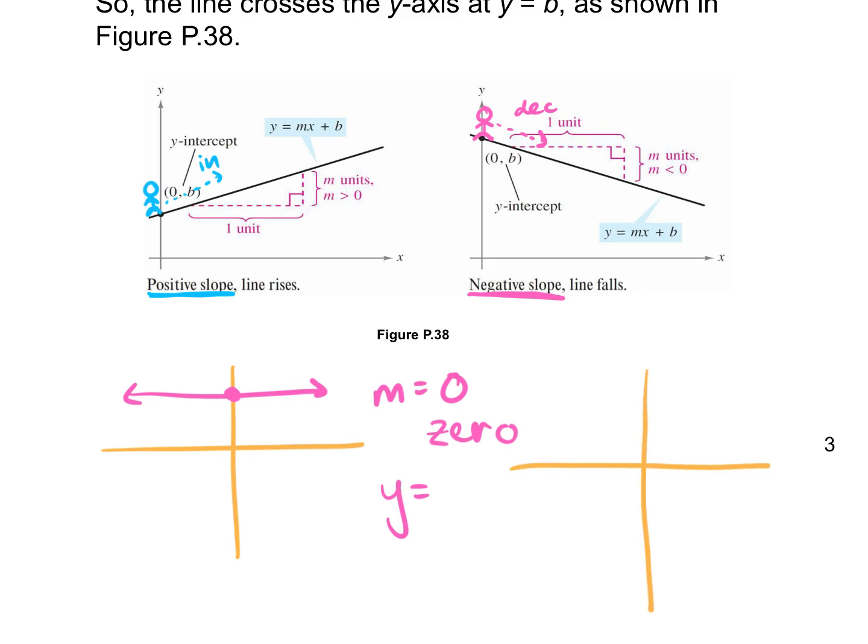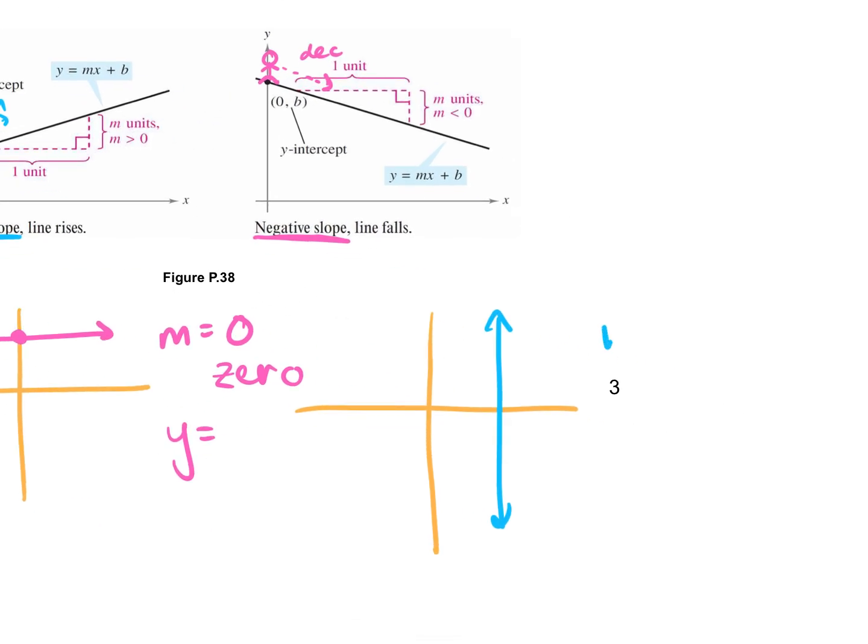And then we could also have a vertical line. What's our slope of a vertical line? Undefined. Awesome. And then our vertical line would be x equals.